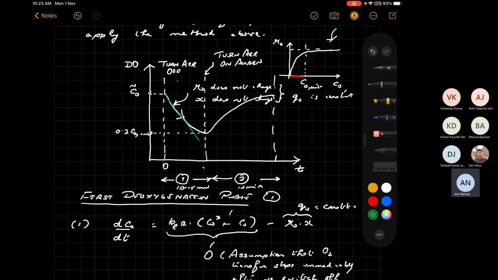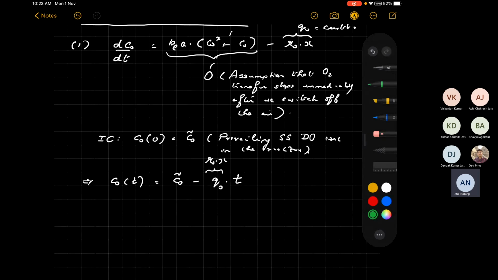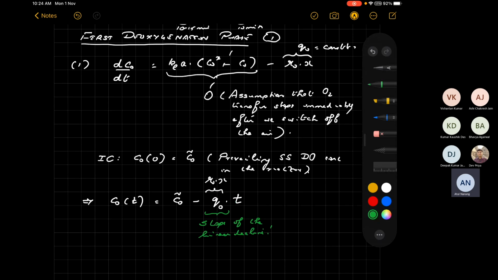And if that is constant, since you're pumping in no oxygen to the liquid phase and simply consuming it at a constant rate, there will be a linear decline. And the slope of that linear decline, this quantity, is simply the slope of the linear decline, right? And so the slope of the linear decline immediately gives you Q0.